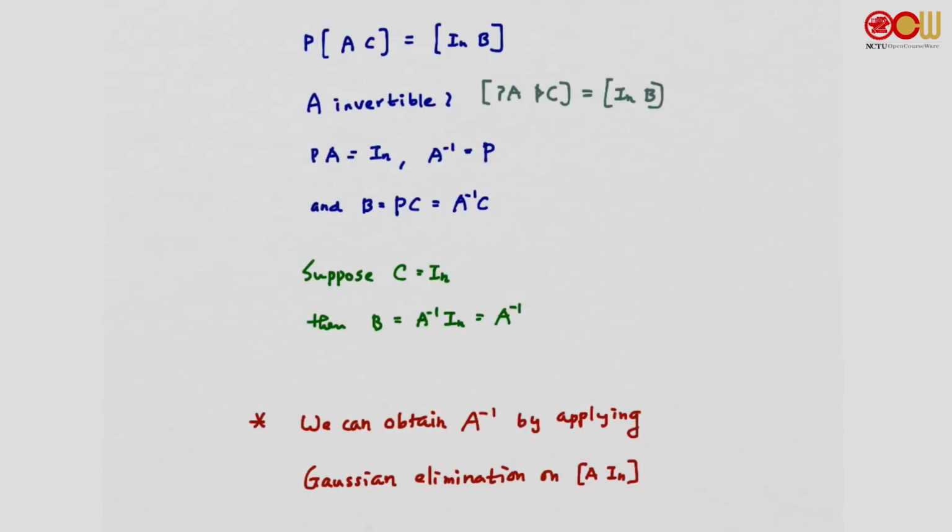So what this means is that if we apply Gaussian elimination on the A matrix and the identity matrix, then in the end, what we get at the right-hand side, the first part is the identity, and the second part, the B matrix, will be A inverse. So by performing Gaussian elimination on this augmented matrix, what we will get would be A inverse.